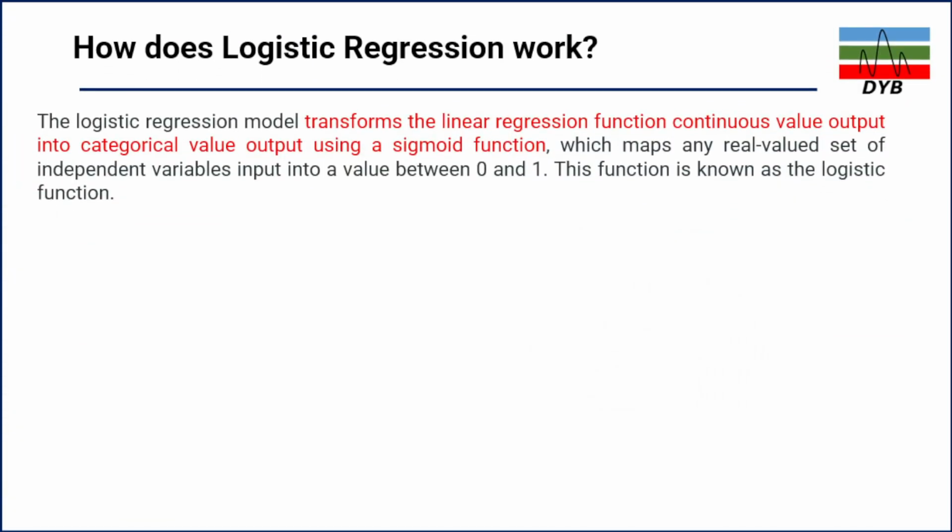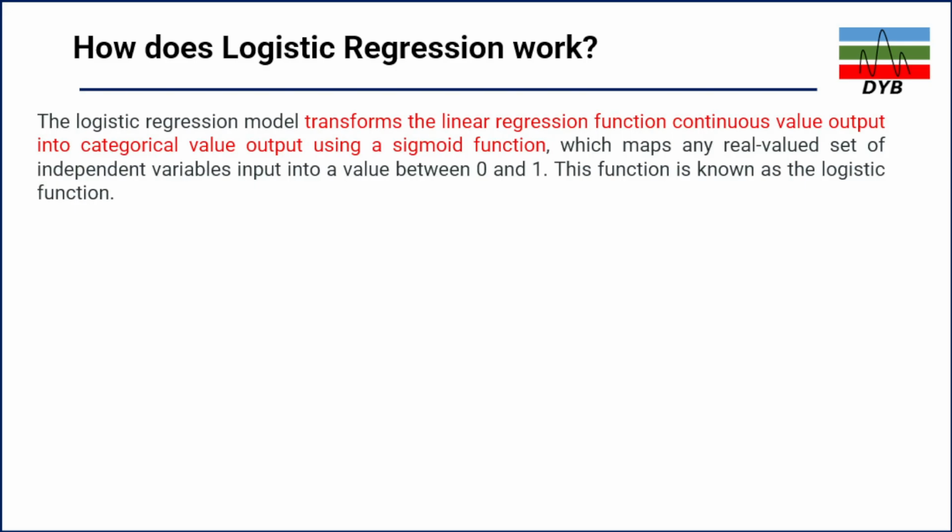How does logistic regression work? The logistic regression model transforms the linear regression function, which we learned in the previous lecture, from a continuous value output into a categorical value output using the sigmoid function. There are different types of functions which we have.